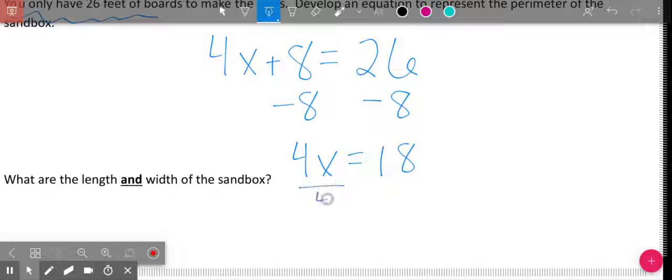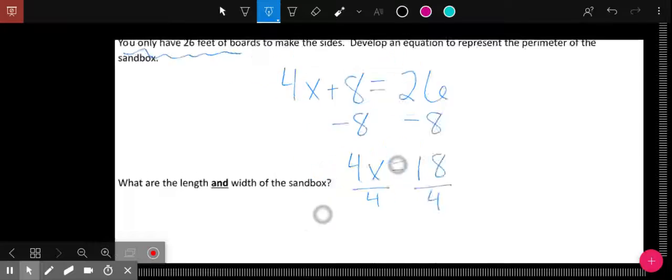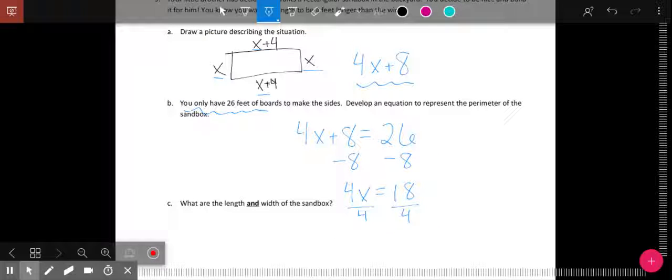Subtract or divide out the 4. Okay, and we're going to get a decimal, but remember, you can have like half a foot. Okay, so 18 divided by 4 is going to give me 4.5. So x is going to equal 4.5.